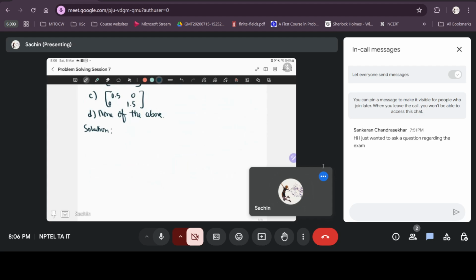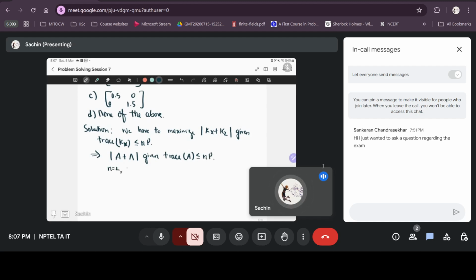So you have to maximize the determinant of Kx plus Kz given the trace of Kx must be less than or equal to np, which implies we have to maximize the determinant of A plus lambda given the trace of A is less than or equal to np. n is 2 and p is 1 in this question.